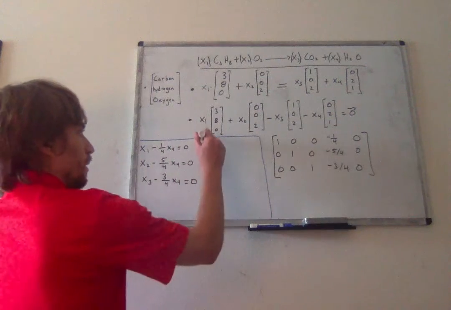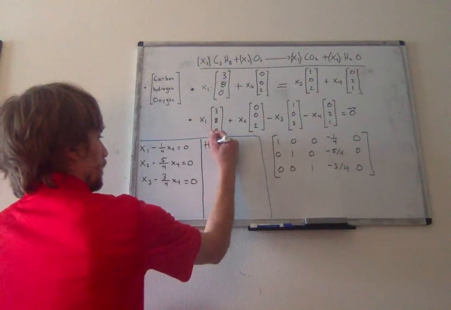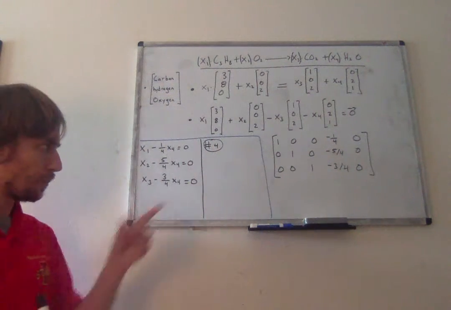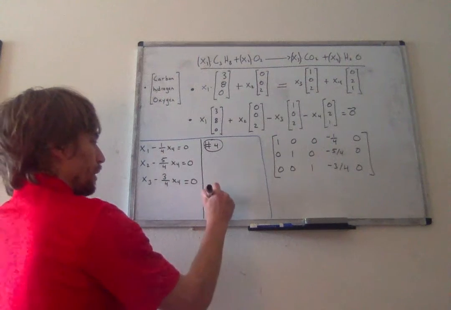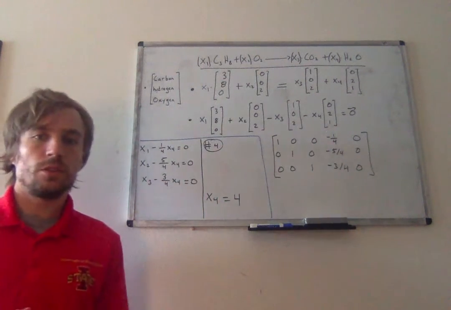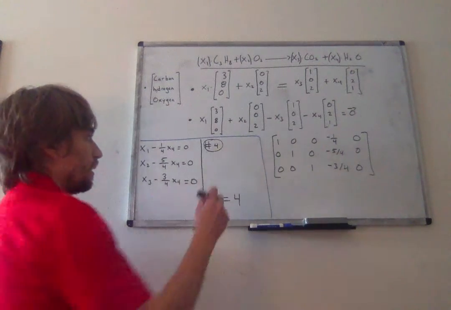So I'll quickly jump ahead, answer question 4 on this worksheet, and then I'll go back to the bonus for question 3. Question 4 says if we start with 4 water molecules, then how many of each other molecule are we going to need?